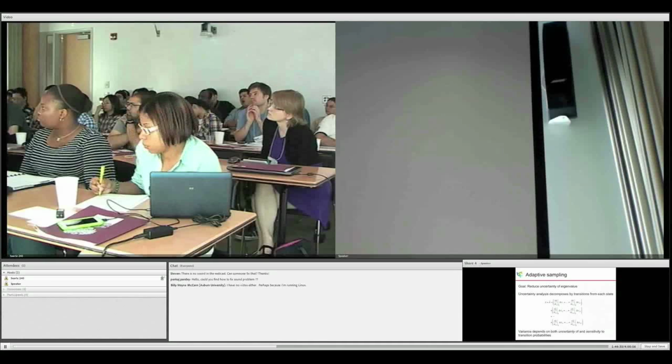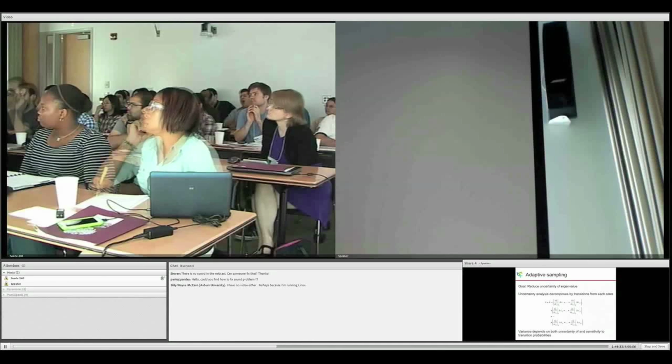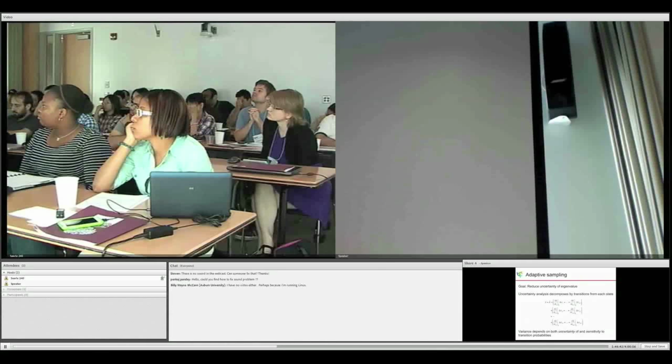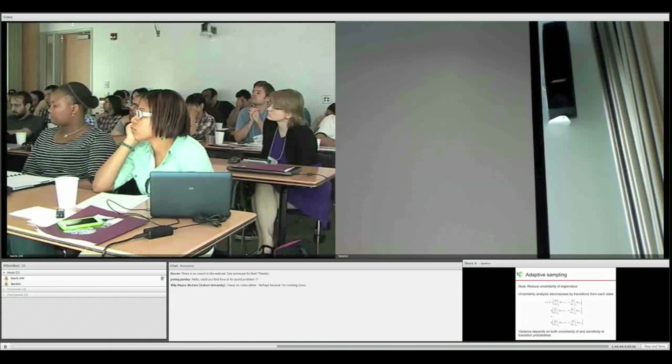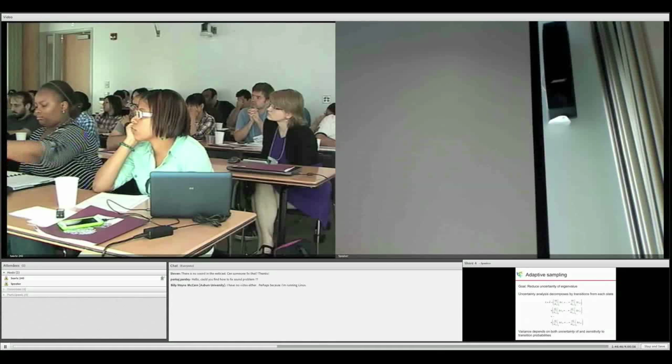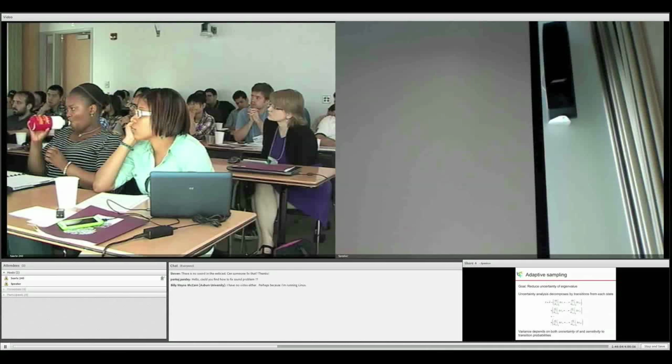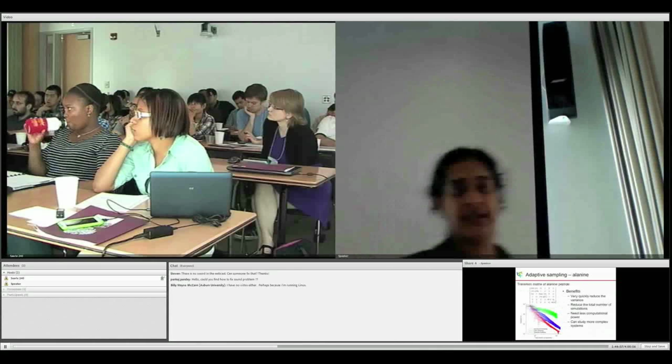So I'm going to talk about some new sequential approaches that use the error analysis to figure out where to start new simulations, and then use those new simulations to figure out where to start, again, new simulations. So this I had sort of glossed over. When we actually calculate this closed form distribution for the eigenvalue, what you end up with is the eigenvalue is some mean approximation given the maximum likelihood values plus some variance term.